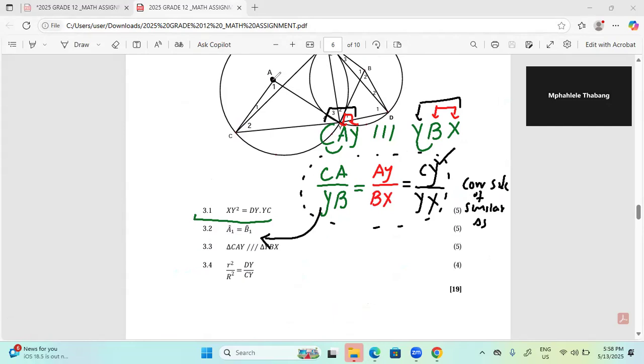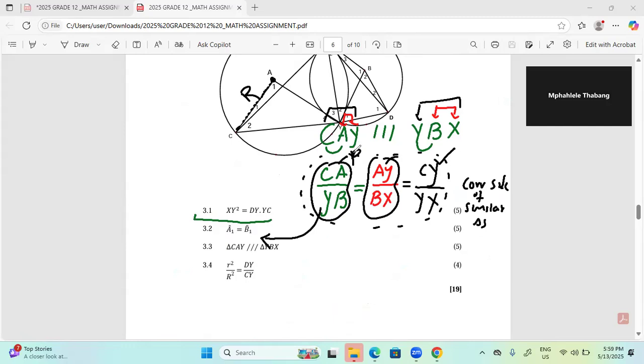Why do I have to pick CA? CA needs to be involved because this is a radius. They said the radius of this big circle is represented by the big letter R. So I have to take CA over YB. What else do I have to pick? I have to be careful, because even AY is also a radius.